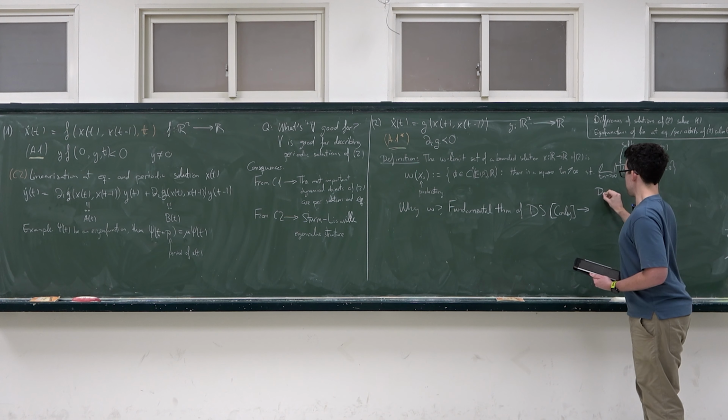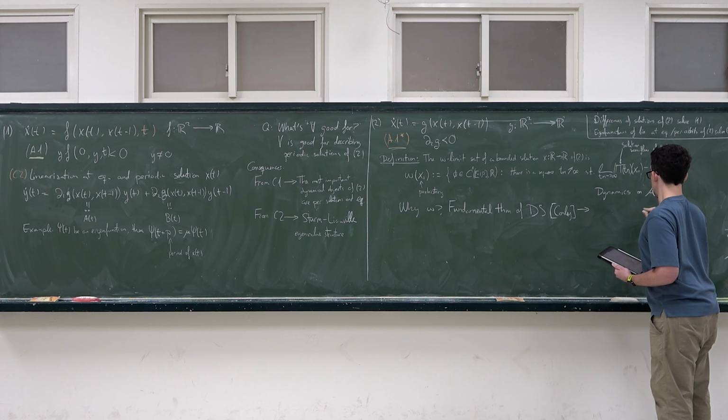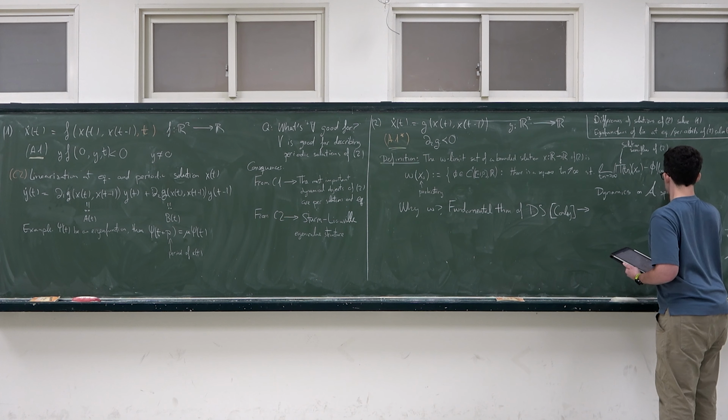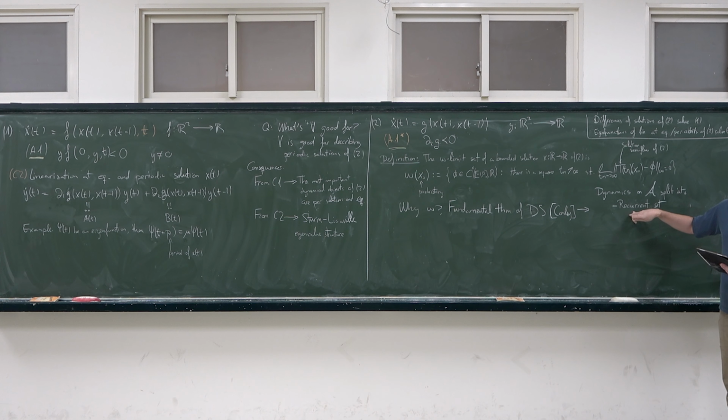So dynamics on a global attractor A split into a recurrent set. That's points that eventually come back to a neighborhood of themselves, essentially. So you take an initial condition, and as you iterate it forward, it will come back somewhere close to the point. And then if you iterate it forward again, it will revisit. So this is what's called a recurrent set.